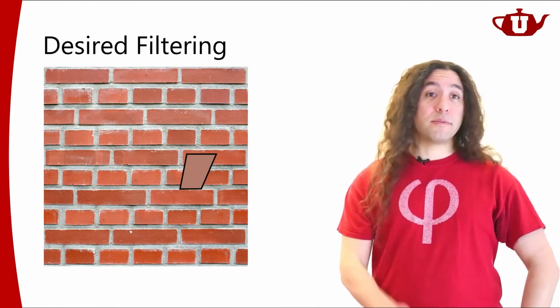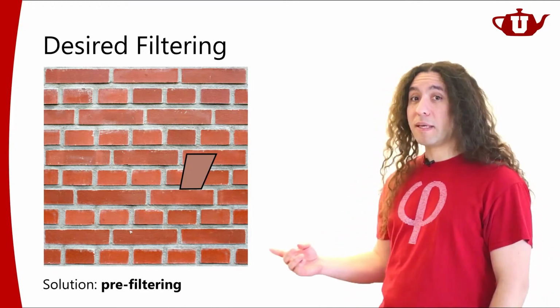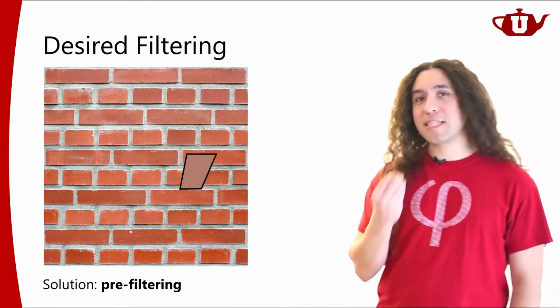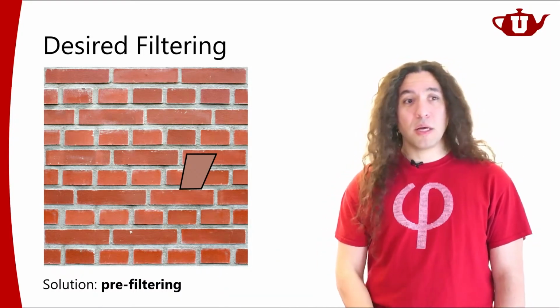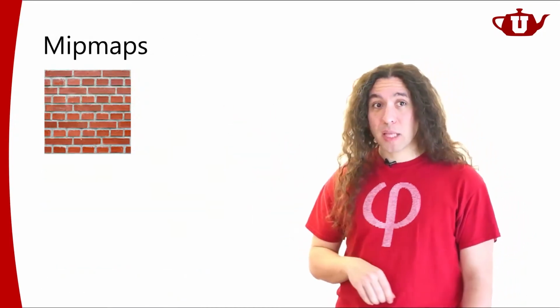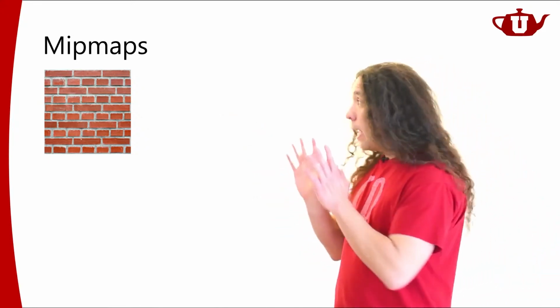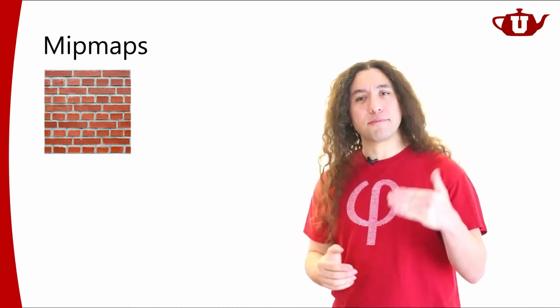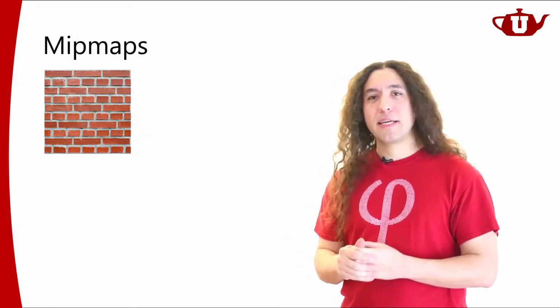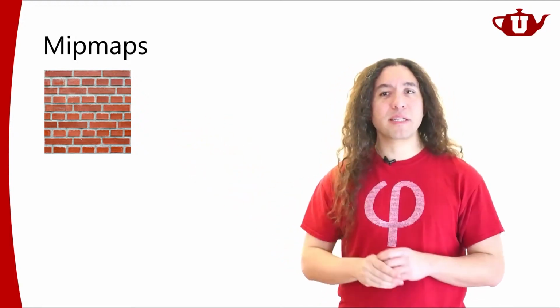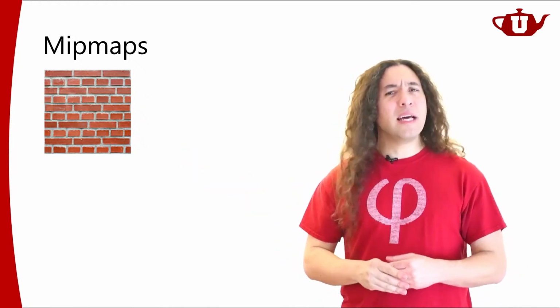So the solution to that is going to be pre-filtering. More specifically, a very specific type of pre-filtering is used for interactive rendering on the GPU. That is MIPMAPs. So here's how it works. If my texture has just the right resolution, such that each one of my texels is on the size of a single pixel on the screen when I render them, then it's okay.